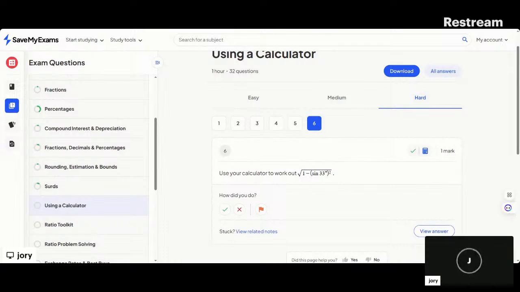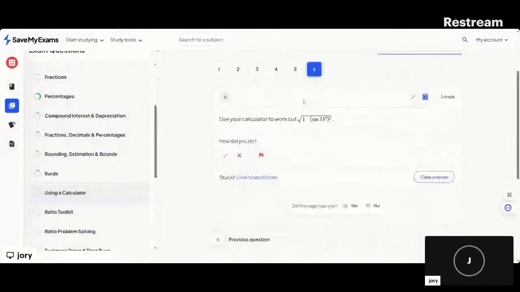Okay. Using a calculator. I don't understand this entire chapter because this is using a calculator. I learned this in middle school. It's 0.83867.